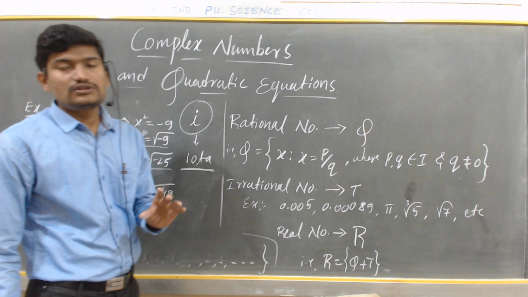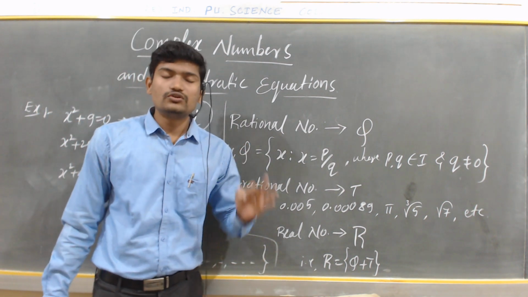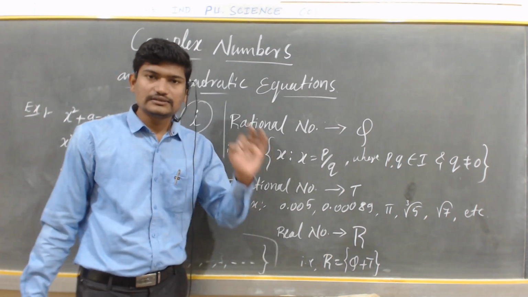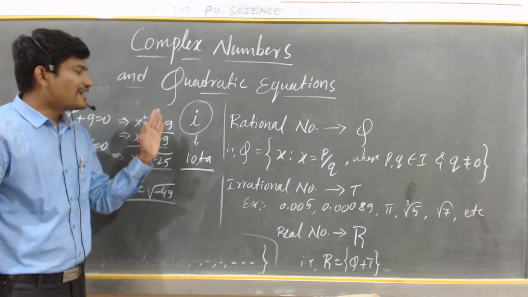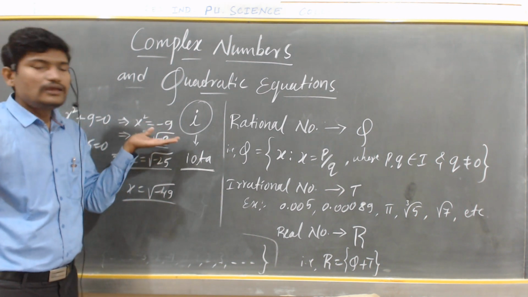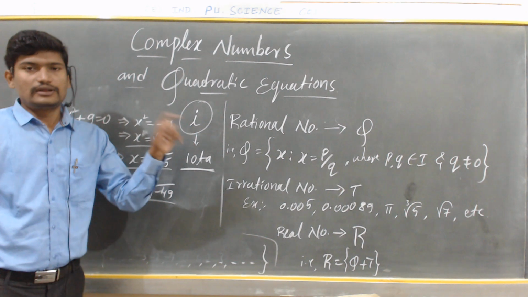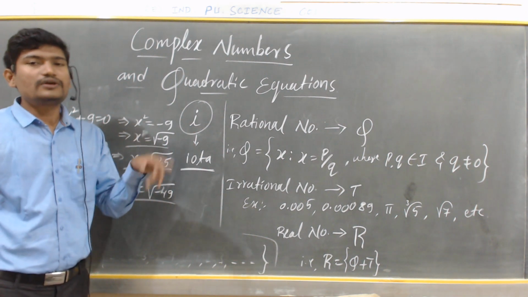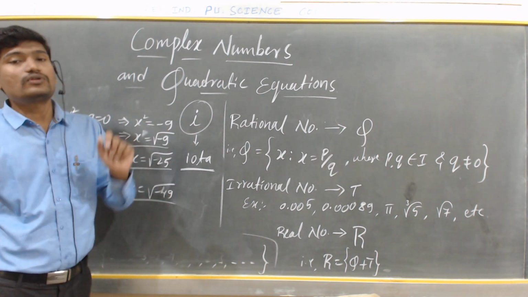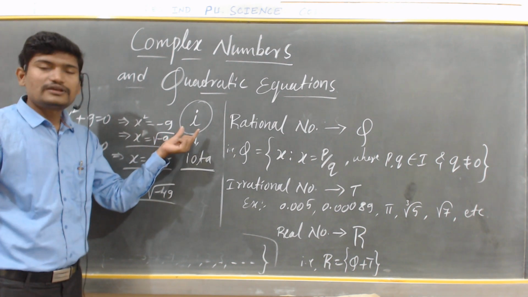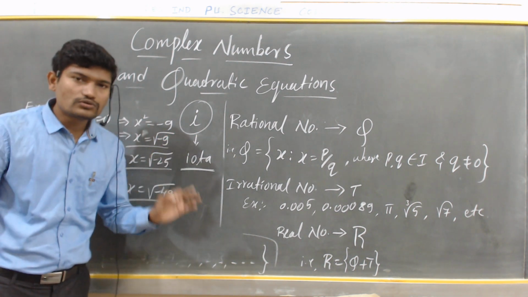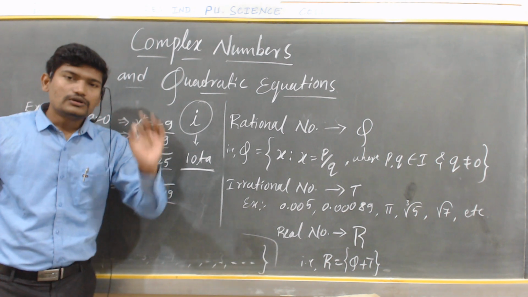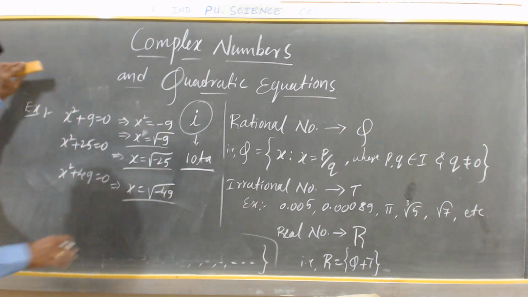We consider it an imaginary number, imaginary unit, imaginary quantity. This i indicates the square root of a negative real number. So the mathematician Euler introduced the symbol.